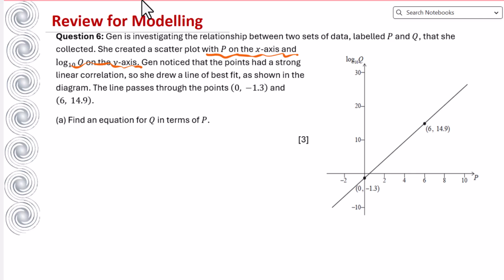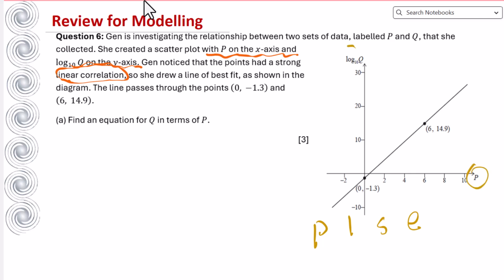Jane noticed that the points had a strong linear correlation, so she drew a line of best fit as shown in the diagram. The line passes through the points (0, -1.3) and (6, 14.9). Find an equation for Q in terms of P.